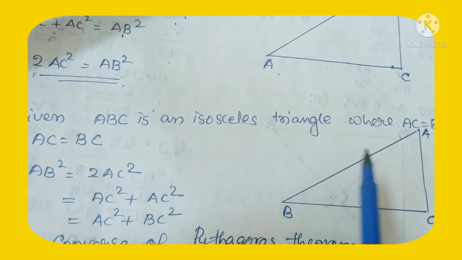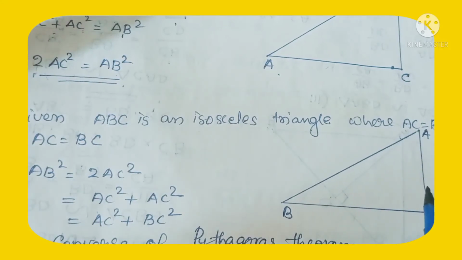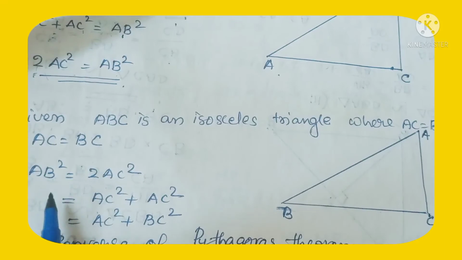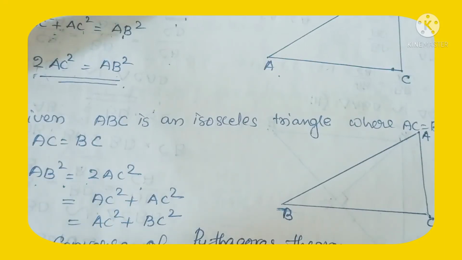ABC is an isosceles triangle where AC equal to BC. Prove that ABC is a right triangle. Since BC and AC are equal and it is given that AB square is equal to 2AC square, then AC can be replaced by BC.